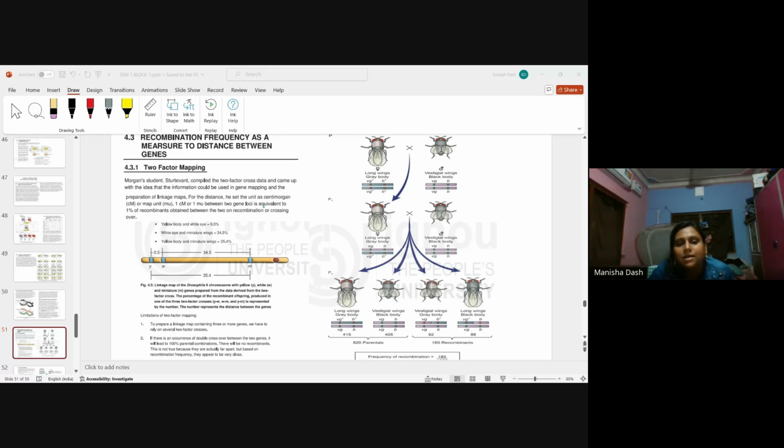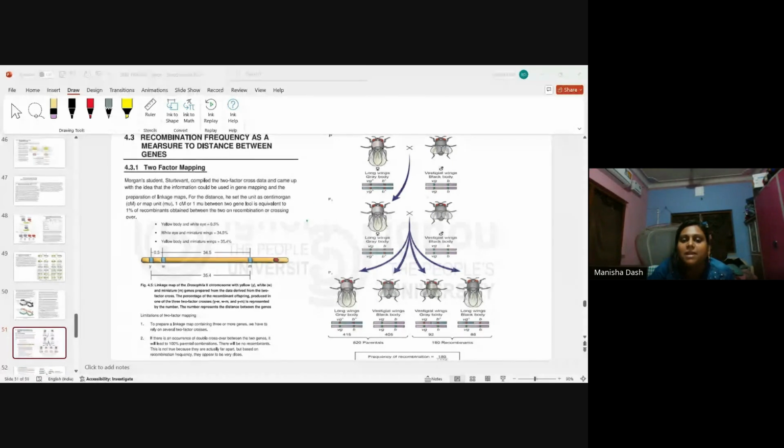So look at the genotypic combination. Here VG plus stands for long wing, and B plus stands for a gray body. VG stands for vestigial wing, and small b stands for black body. In the parent generation, you have a homozygous genotype. In the F1, this parent will give a gamete that is VG plus B plus.